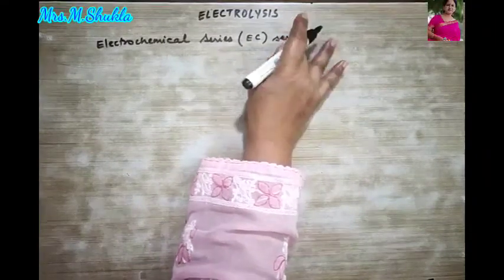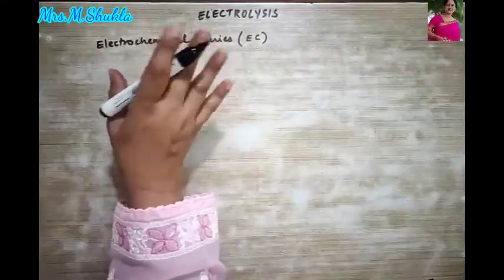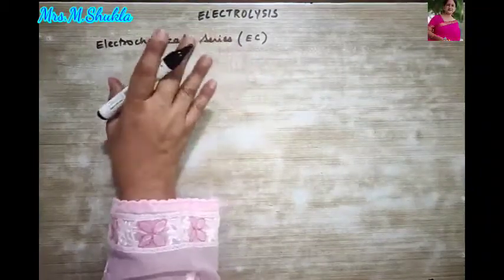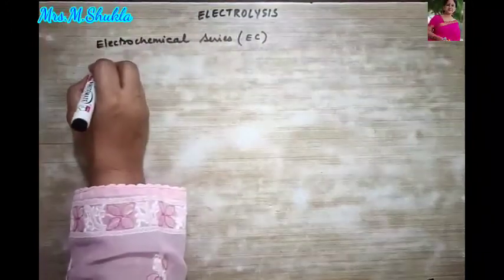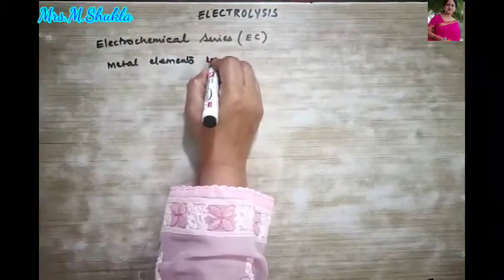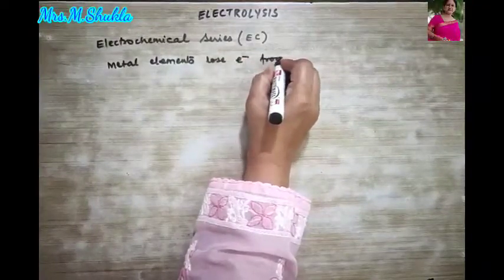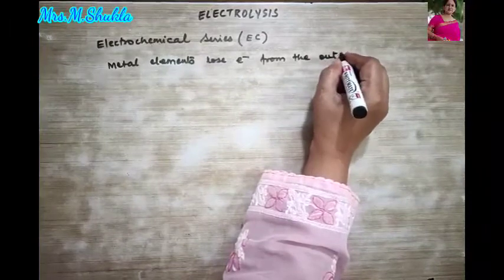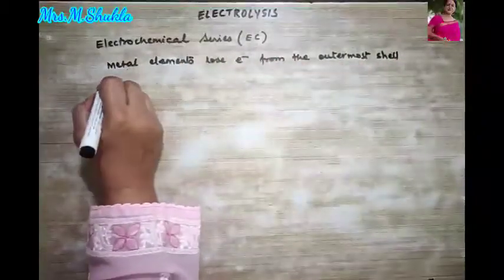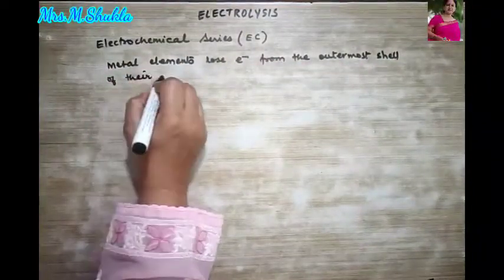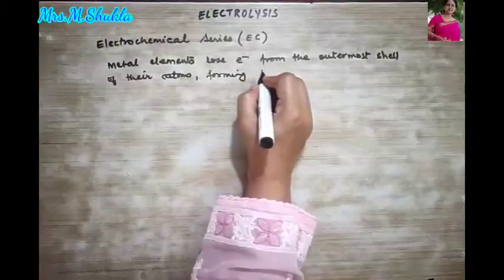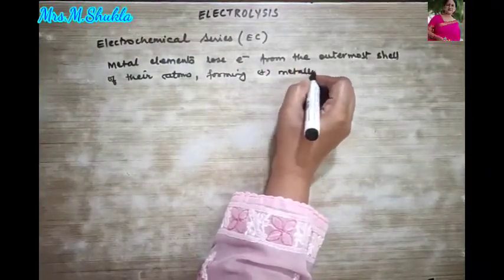Okay, so metals, you already know that they lose electrons from the outermost shell of the atoms, and what do they form? They form positive metallic ions. So I write over here, metal elements lose electrons from the outermost shell of the atoms, forming positive metallic ions.